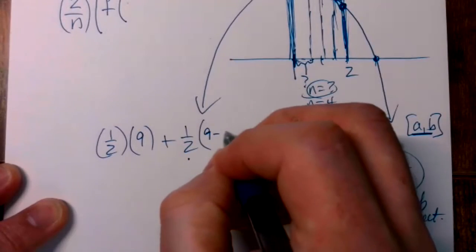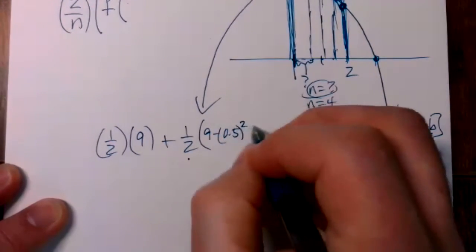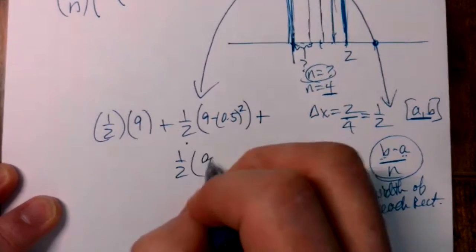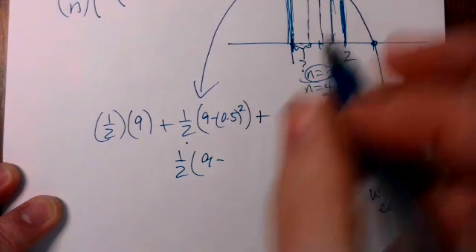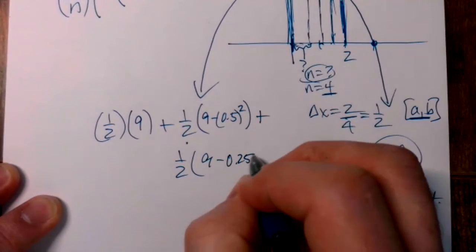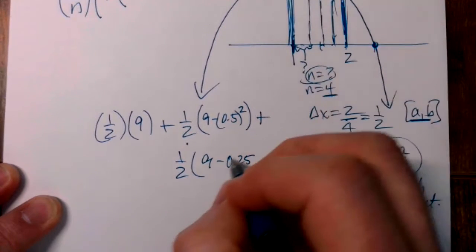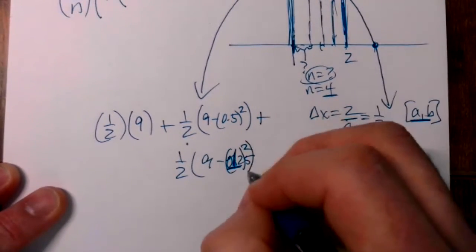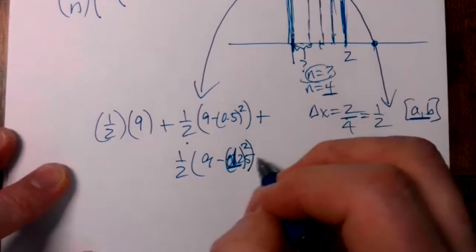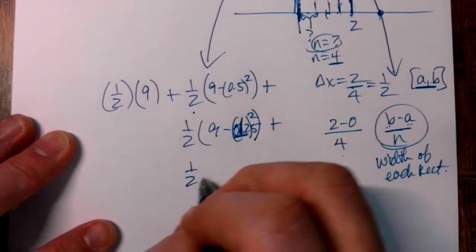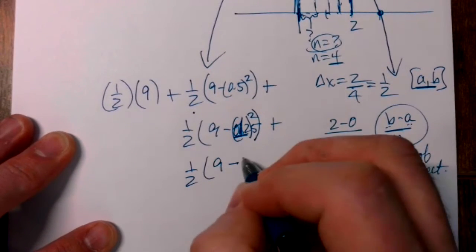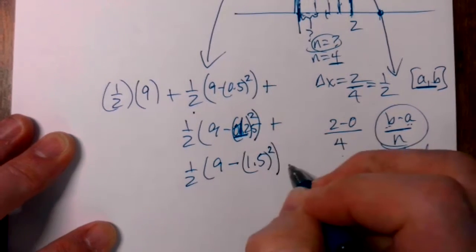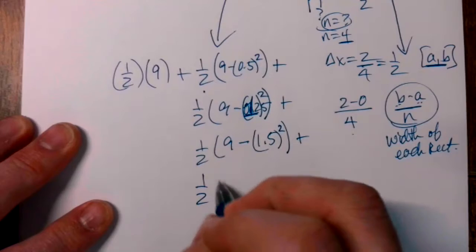So I would do 9 minus 0.5 squared, plus, and then I would do that again. 9 minus the next x value, which is 1, squared, plus, and I would keep doing this, right? 9 minus 1.5 squared, plus, and I would do it again.